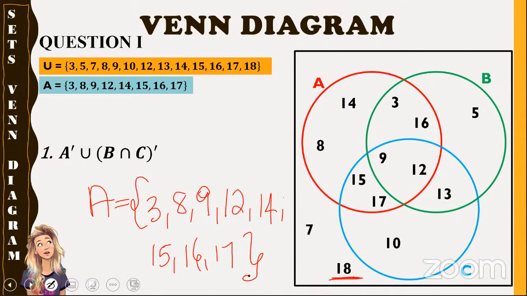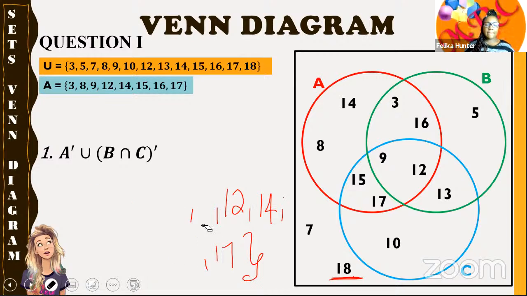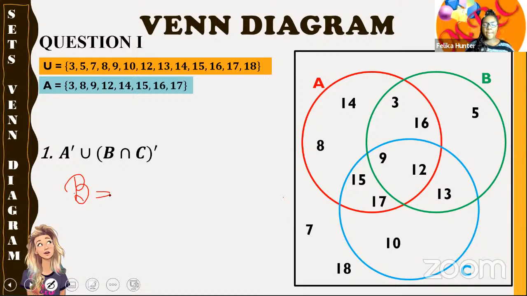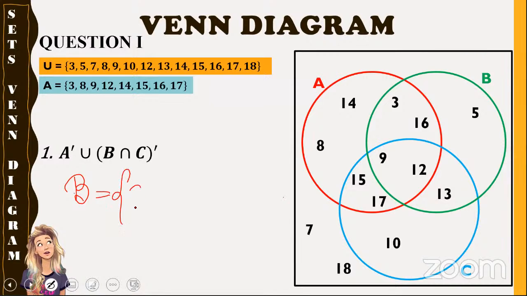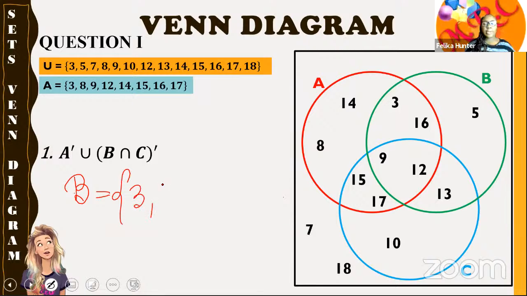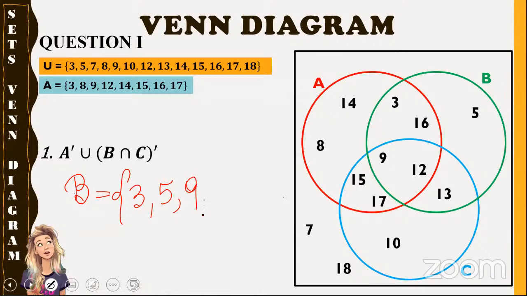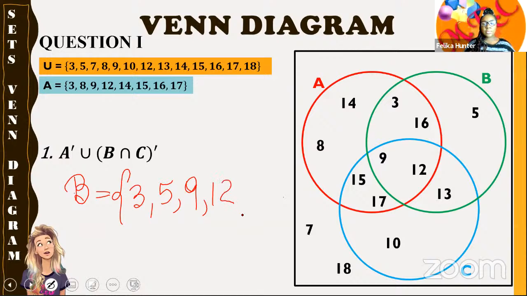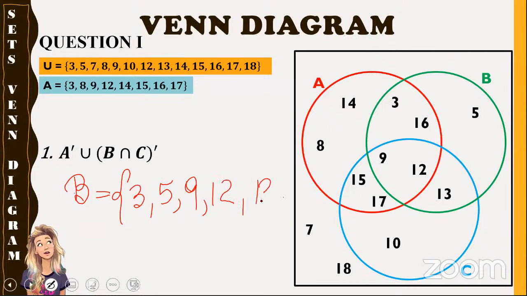All right. Britannia, go ahead and tell me the elements of B now. So we're going to go with the elements of B now. 3, 5, 9, 12, 13, and 16.